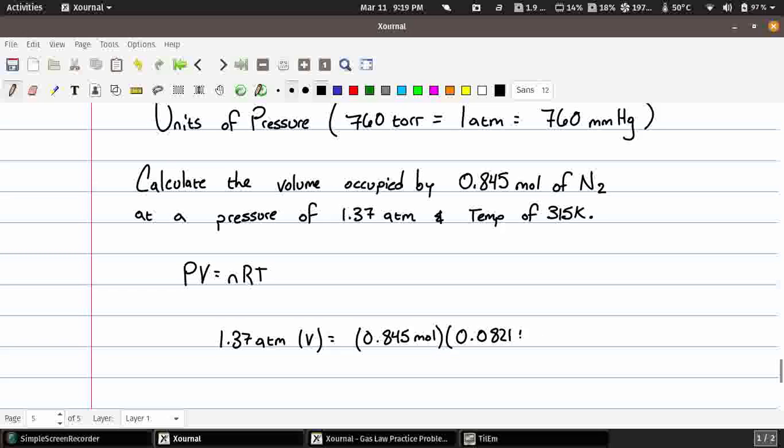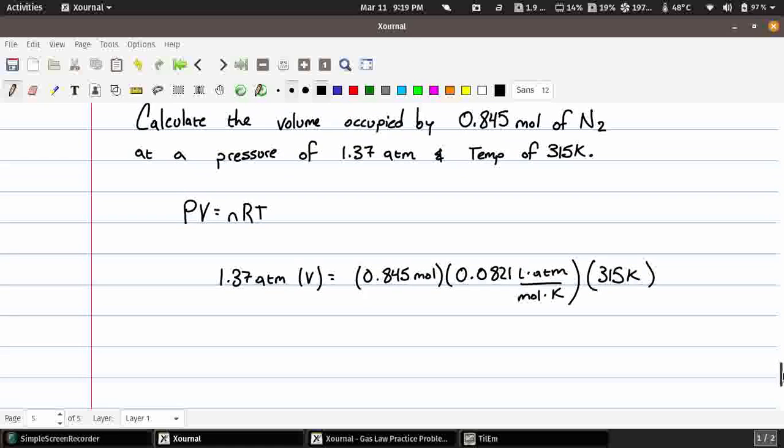I'm going to write this a little differently than you'll normally see it. It's usually understood that this fraction would be like this, but a lot of you guys don't really realize that when multiplying by the fraction, the bottom goes on the bottom. And then we're going to have 315 kelvins.